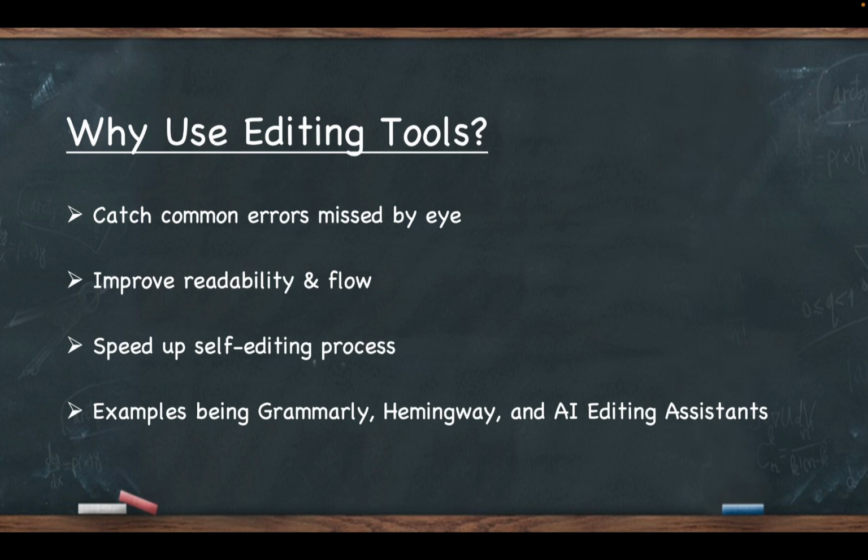Now, some of the tools that you can use that I'm familiar with, I know that there are new ones. There are more that will come out at whatever time it is that you're getting access to this course. There'll probably be newer editing software tools. But some of the ones that are most common at the moment are Grammarly, Hemingway, and a number of other AI editing assistants. Some people would use ChatGPT, some people will use Gemini and just give it the content and say, oh, you know what, fix up whatever grammatical errors are here for me and all of that.